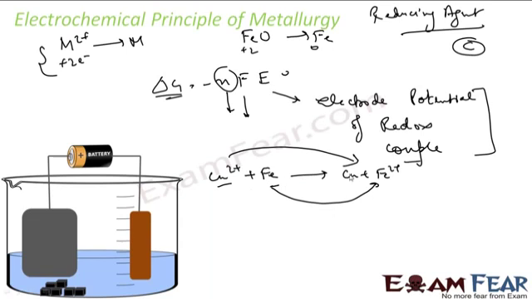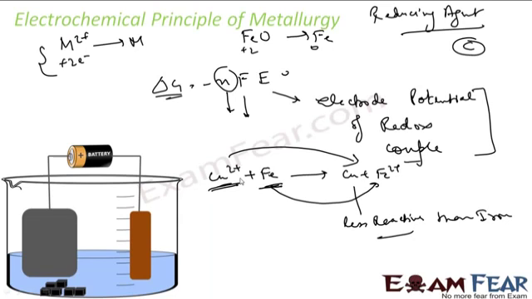For example, in this case copper is less reactive than iron. If you have a solution of copper sulfate and iron, the less reactive copper will come out and iron will become iron sulfate, right? So more reactive metals have large negative values of electrode potential, so their reduction is difficult.